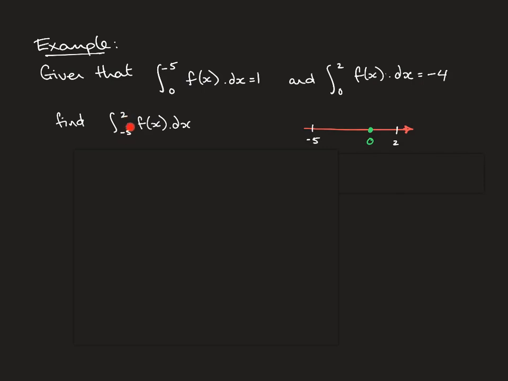So let's split this using our property, as long as there's a value between these two. So we've got minus 5 on the end, we've got 2 on the top, and 0 actually fits in the middle.